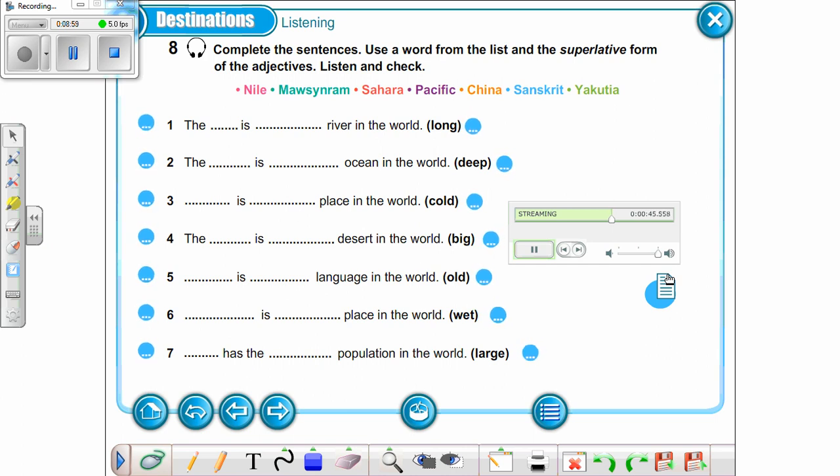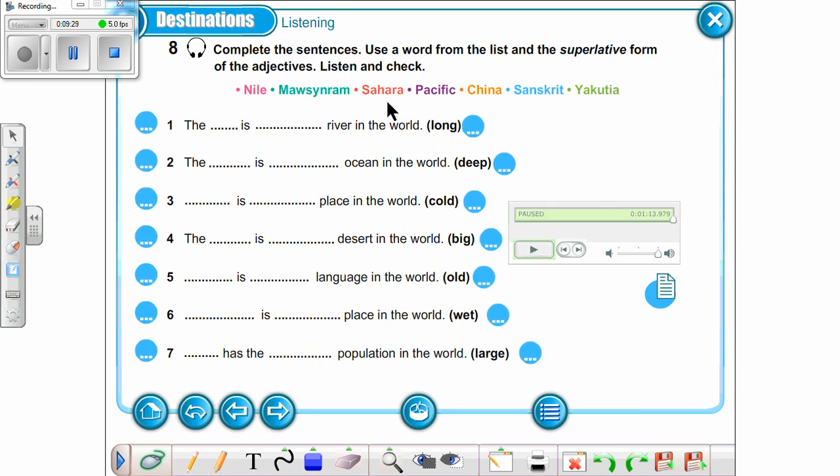The Sahara. You're right. Name the oldest language in the world. Greek. Oh, it's Sanskrit. What is the wettest place in the world? Mosinram. Well done. Last question. What country has the largest population in the world? China. That is right, Mark. Well done. You answered 8 out of the 10 questions correctly. That means you will move on to the next round of our quiz.